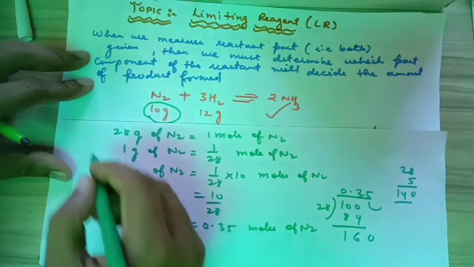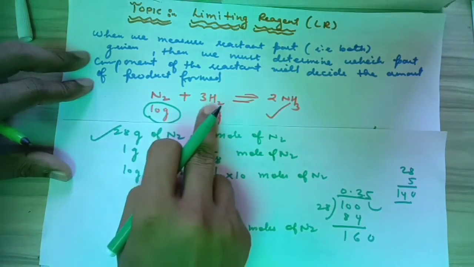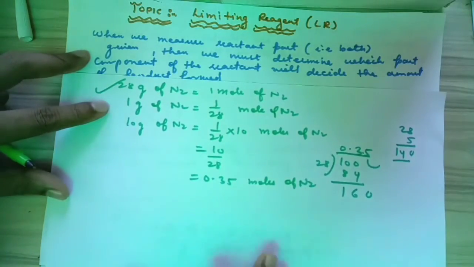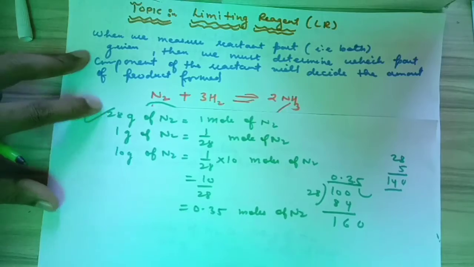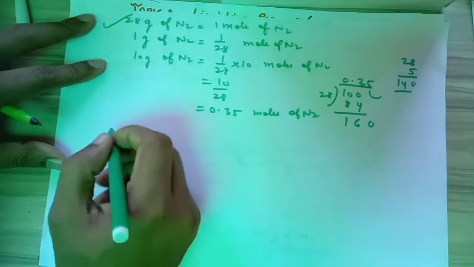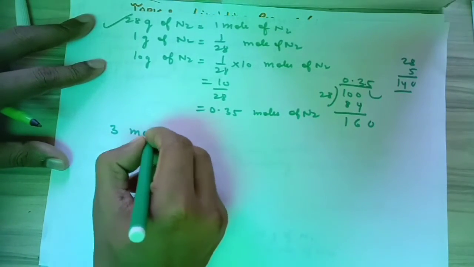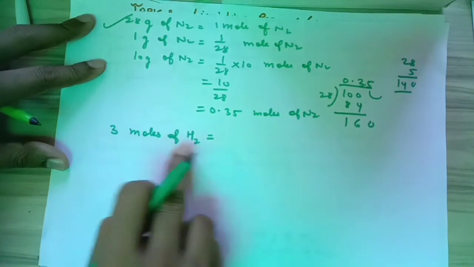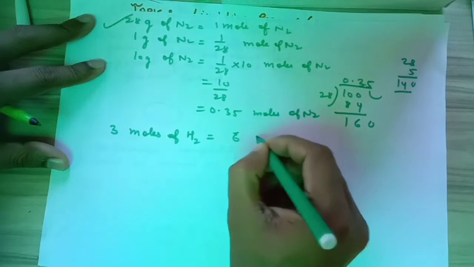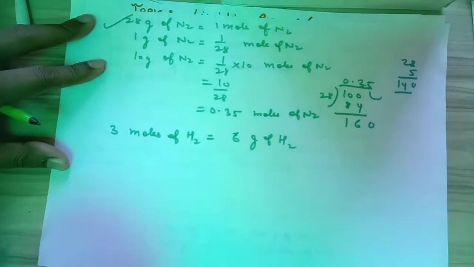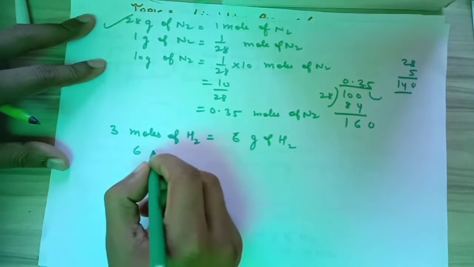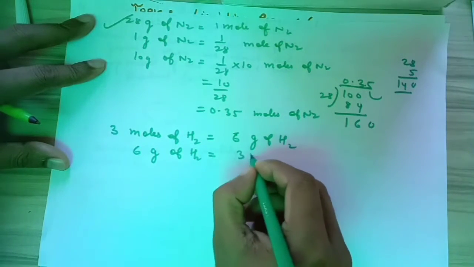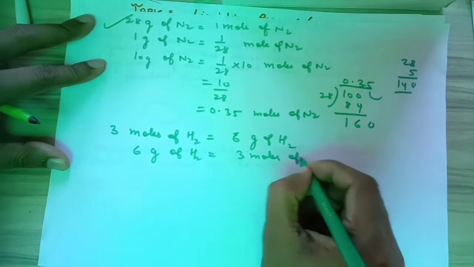Now this is the first part. Now we have to decide it about hydrogen also. So here it is given 12 grams of hydrogen. So we can say that 3 moles of hydrogen will give how much? 3 into 2 is 6 gram of hydrogen. So in the reverse order it will be 6 gram of H2 will give 3 moles of H2.